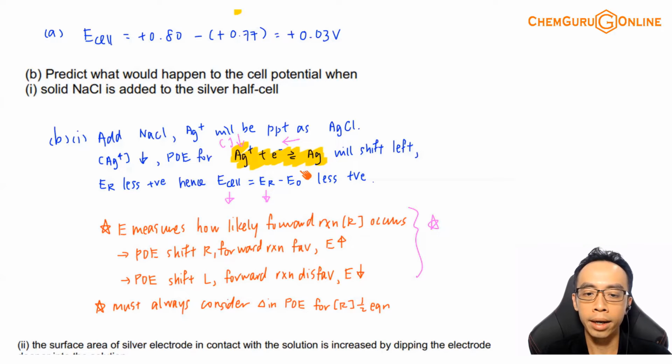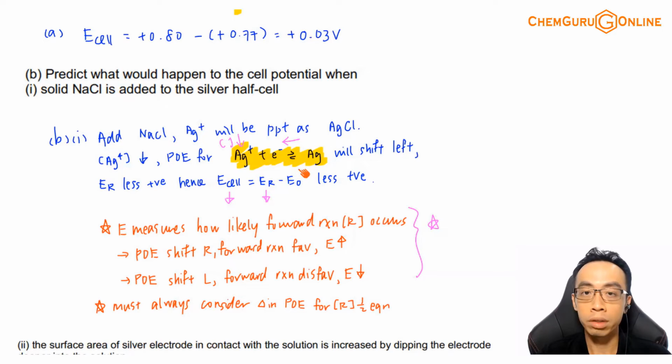So if we are following what is recommended, if we don't have the habit of flipping the equation, then when we do questions like this, it wouldn't even be an issue because you don't have the tendency to modify the half equation. Always use the half equation in reduction form, because when we talk about shift in position of equilibrium, shift left and right, then the E value, what does it become?